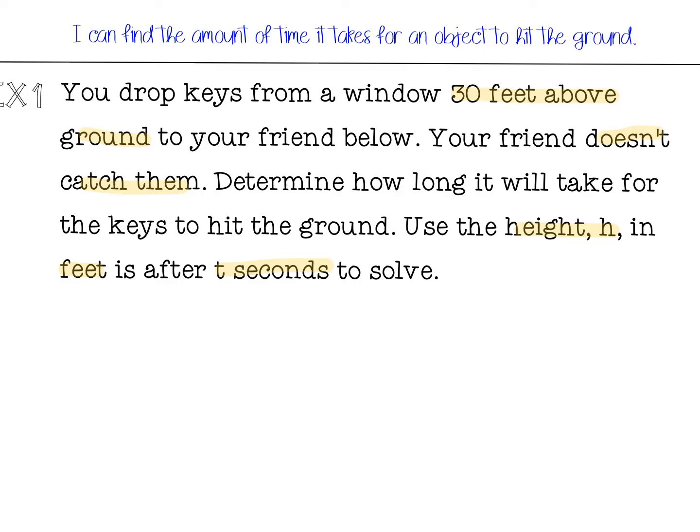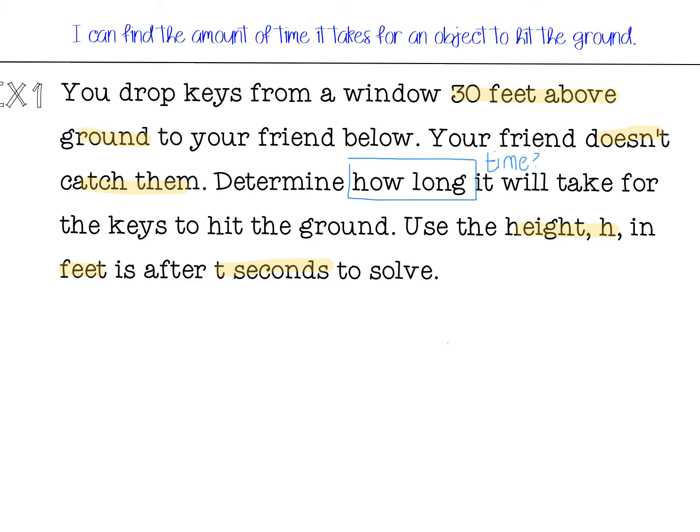So then I move to, what is the question asking? So it's asking me to determine how long will it take. So my next question is, what variable am I solving for? So if I'm solving for how long something is going to take, that is time. So if I'm looking for the time, they will always give me the height.